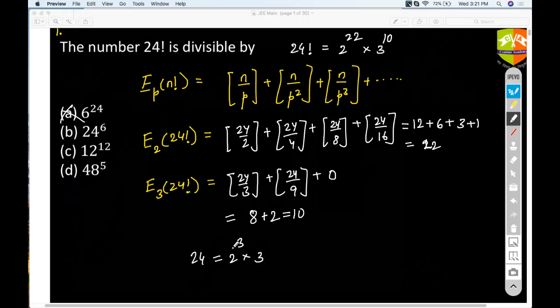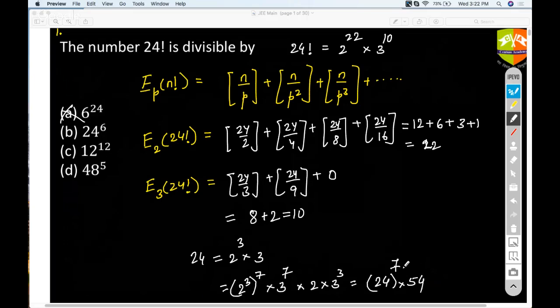Given that I have 2 to the power 22, I can extract a maximum of 2 cube 7 number of times. And of course, 3 can also be extracted 7 number of times. We would be left with one 2 and three 3s. But anyhow, this is going to be 24 to the power of 7 into 54, you can call it.